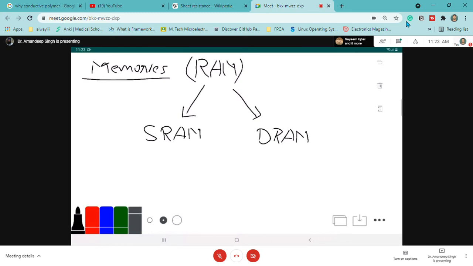So the advantage of SRAM is we need not refresh the data, but the disadvantage is we have a bigger circuit because we need more transistors. In DRAM, we require fewer transistors, but we need to refresh the data periodically. So we have 2 types of RAM, SRAM and DRAM. Let's start with SRAM: how SRAM is designed, how it functions, and what design considerations we need to take care of to perform the read and write operations.